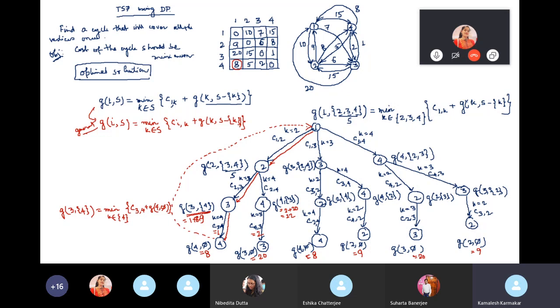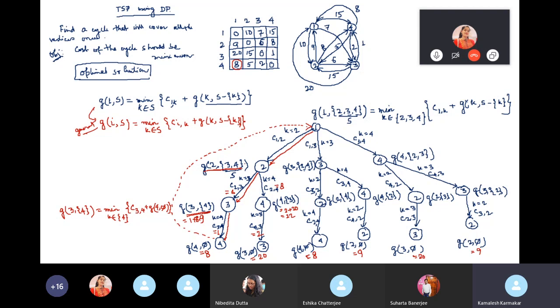Now when this value is calculated, we have to find this value C23. What is the value of C23? From the matrix, this value is 6. C24 is 8. Now, what will be the value of G2, 34?